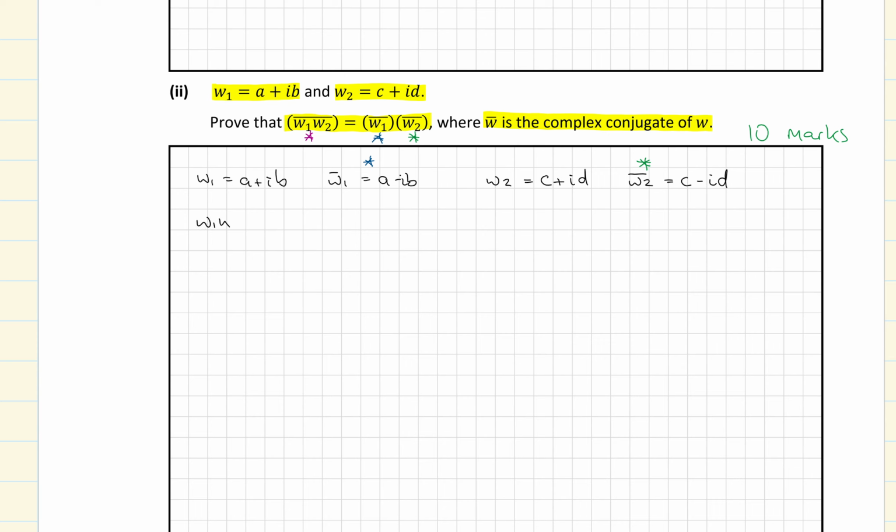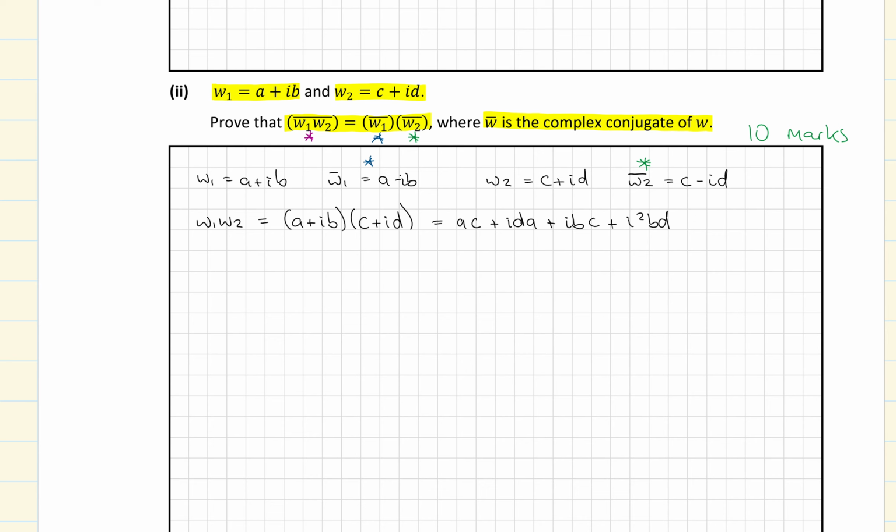So W1 by W2 will equal a plus ib times c plus id. So that's ac plus iad plus ibc plus i squared bd.